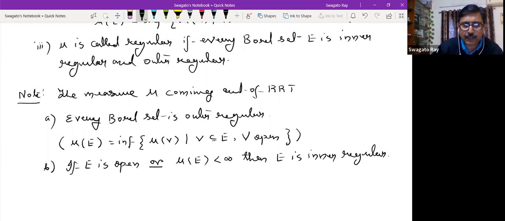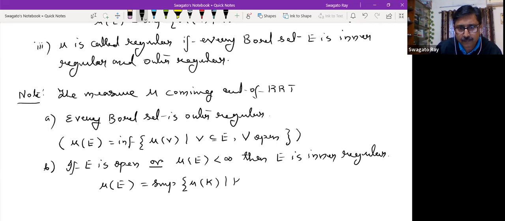Because the statement says that either if E is open or the measure of E is finite, then the measure of E is the supremum of the measure of K, where K is a subset of E and K is compact.